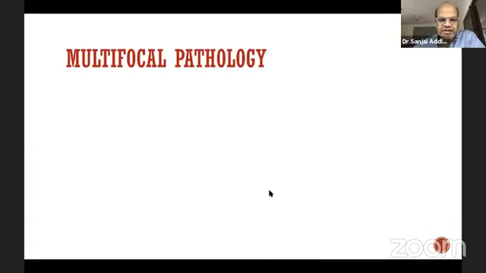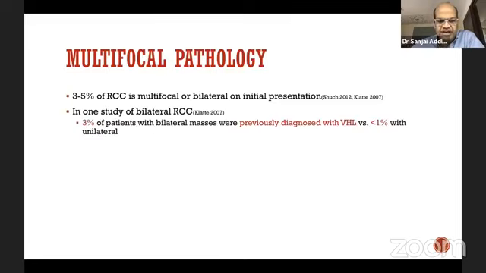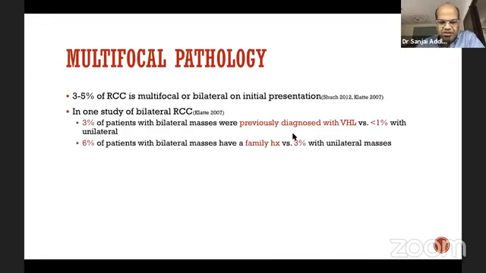And then the fourth one is multifocality, especially the one that Dr. Ginil had mentioned. Whenever somebody is presenting like that, you know that it is hereditary. So around 3 to 5% of all RCC can be bilateral or multifocal on initial presentation. But when you look at specific detail, 3% of bilateral tumors had previously VHL compared to less than 1% with unilateral.